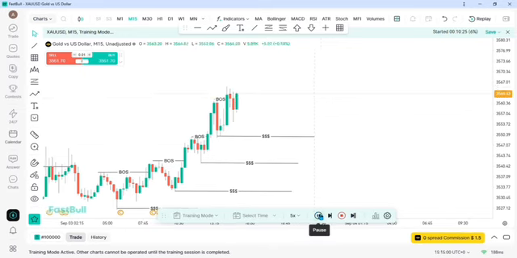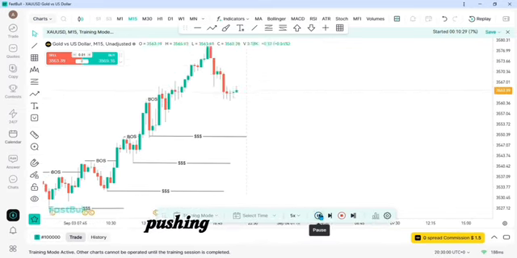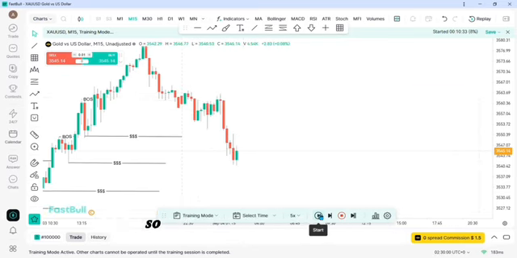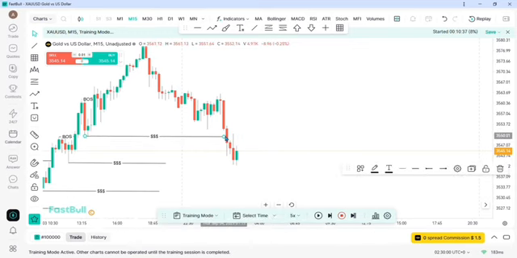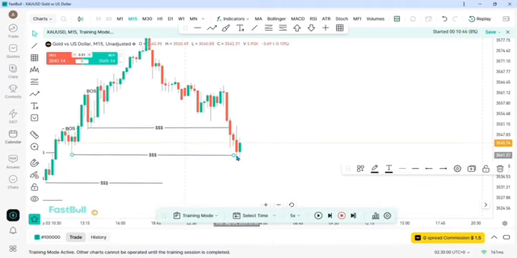Let's see. It just keeps pushing up, pushing, pushing. Okay. Alright. So our first liquidity has been grabbed. And did the market give us a confirmation? No. That means our eyes are on our second liquidity level.